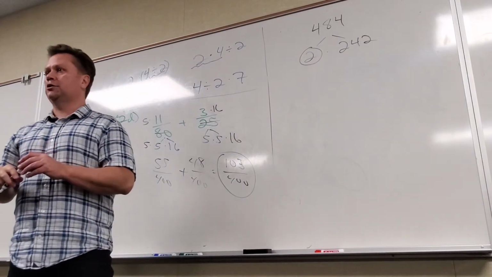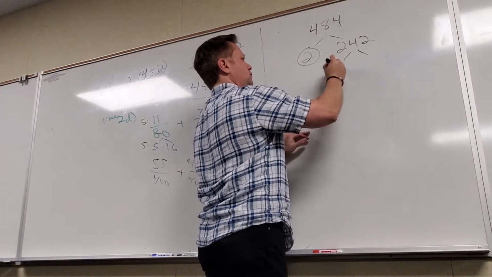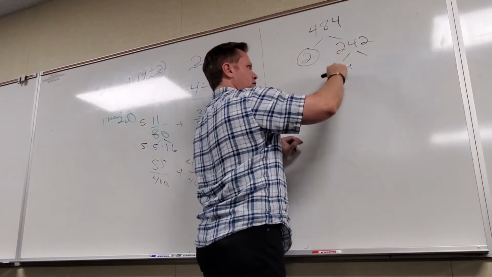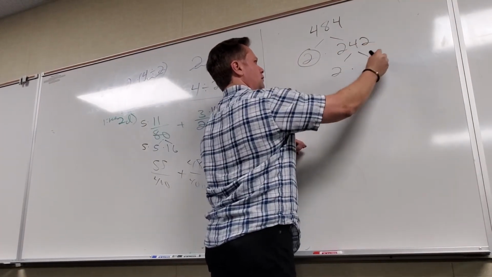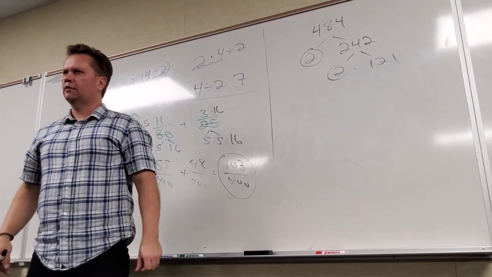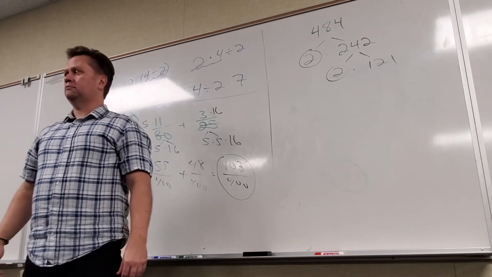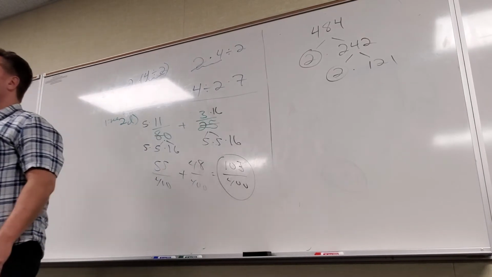He says that's as slow as you can go for him. You can keep going for him. Let's divide him by 2 again. 2 times 121. Anybody know anything about 121? Nope. Again, be careful.